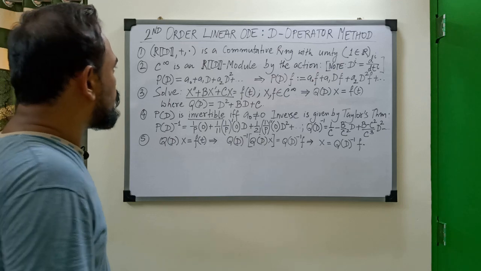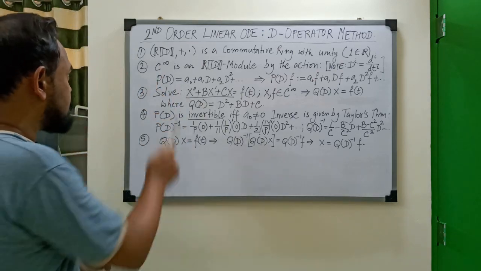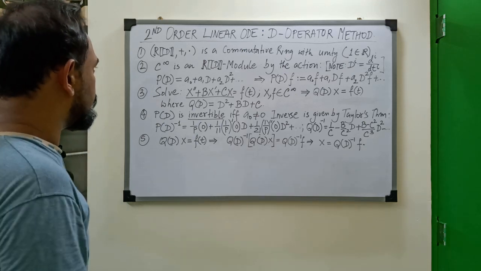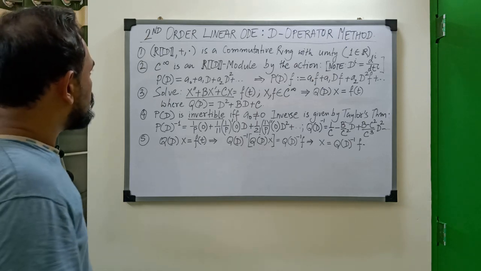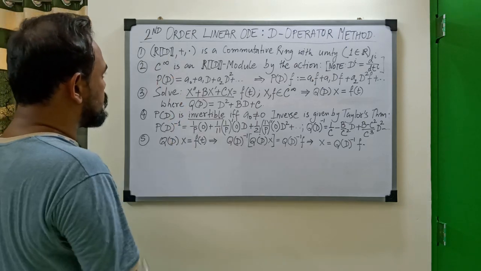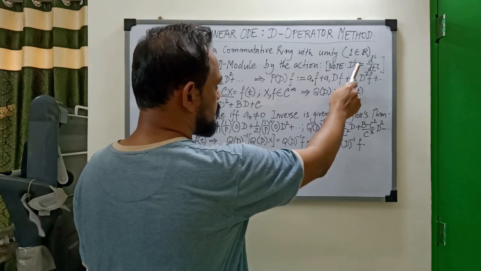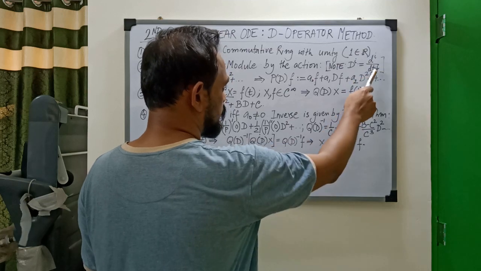So just a quick recap. We had proved the last time that R[D], which is really the set of all formal power series with D as the indeterminate or the variable. Finally, of course, we defined what D was. D was an operator. D to the power i was the ith time differentiation with respect to t.